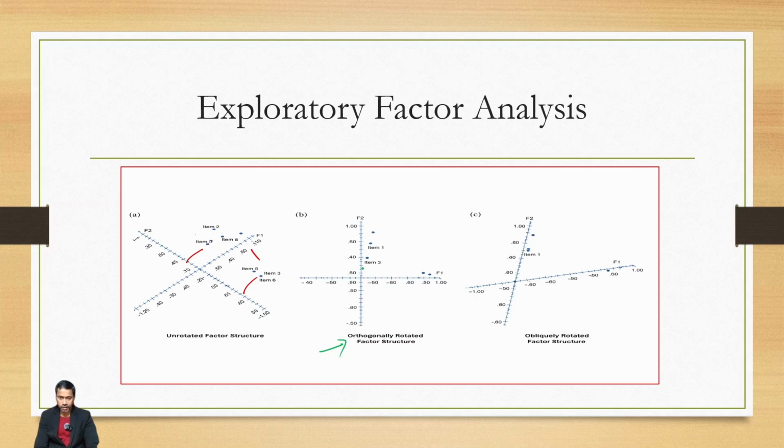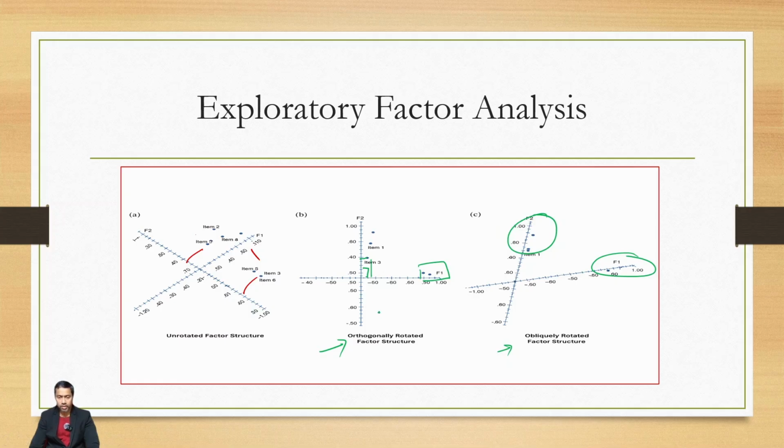You can see this is a 90 degree angle, better than the previous one, but still there is no strong loading. Some items are very strongly loaded on some factors, but this becomes a confusion. This is 0.4 and then there is a scale. This has become a confusion over here. Versus you see the third one, the obliquely rotated factor structure. This is a very clear demarcation that these couple of items go here, these couple of items go here.